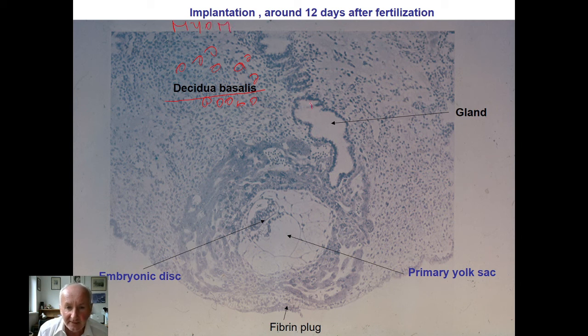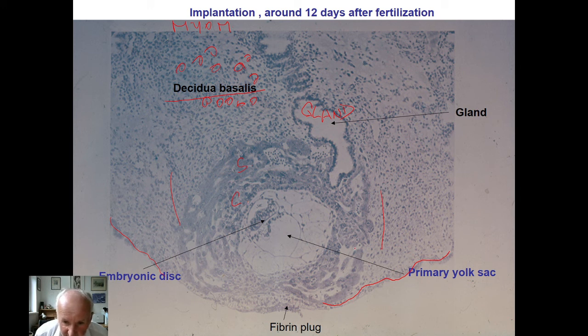This is a gland in the uterus, in the endometrium. This is a surface epithelium, simple columnar, which is on the surface of the endometrium. This will be the decidua marginalis. This is syncytiotrophoblast, this is cytotrophoblast.